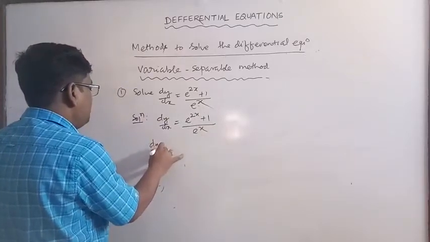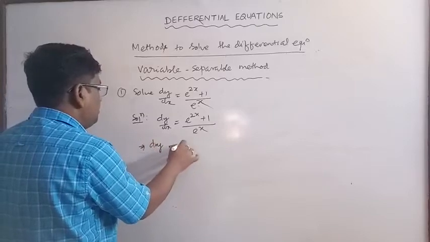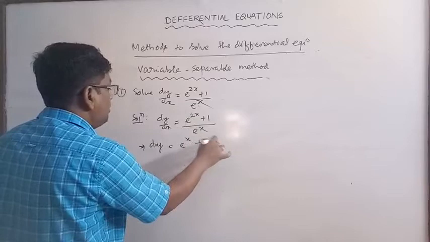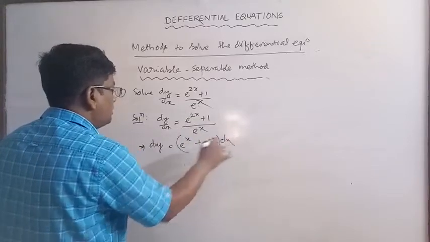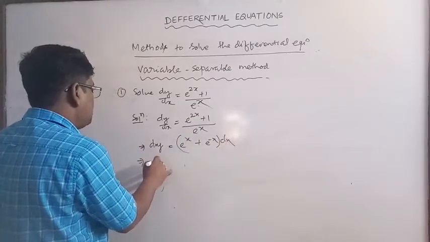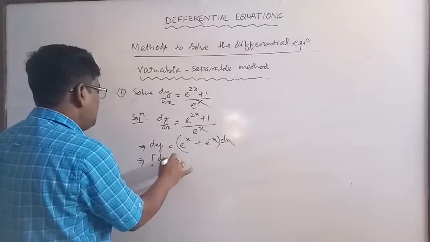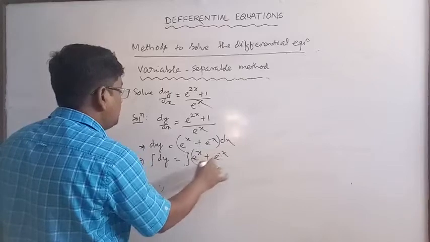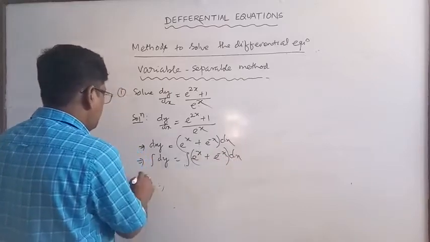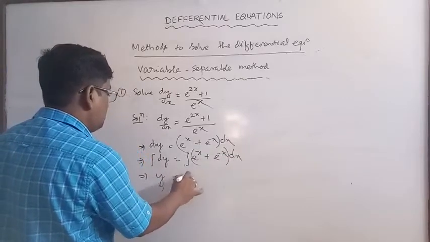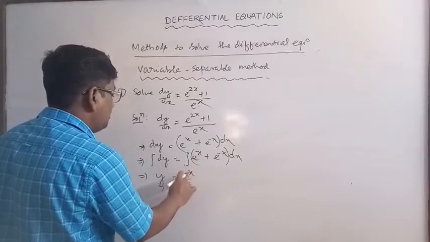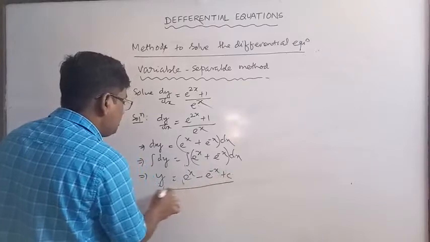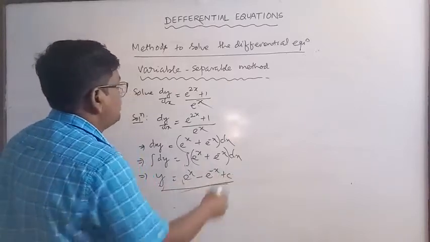Now dy is equal to e to the 2x by e to the x plus e to the minus x, into dx. Integrating both sides, integration dy is equal to integration of (e to the x plus e to the minus x) dx. That is, y is equal to e to the x minus e to the minus x plus c. This is the solution of the differential equation.